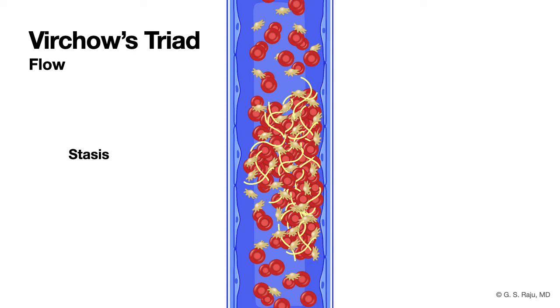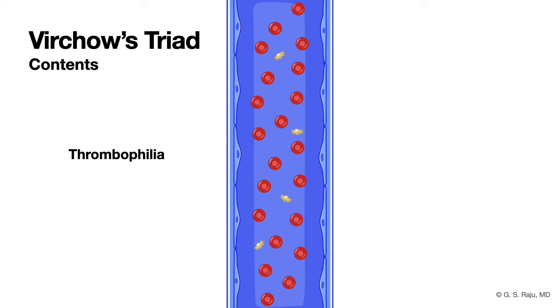Classic examples are cirrhosis in the liver, and heart failure. So now we talked about the blood vessel, we talked about disturbances in the flow. And let us come to what is flowing inside the blood vessel.